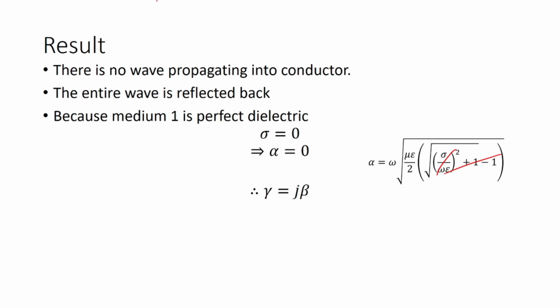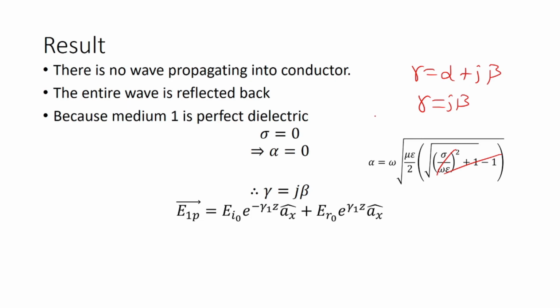And gamma equals alpha plus j beta. If alpha equals 0, then gamma equals j beta. So from the phasor of the electric field intensity in medium 1, which is Ei naught exponential of minus gamma 1 z ax cap plus Er naught exponential of gamma 1 z ax cap, I can write this as Ei naught exponential of minus gamma 1 z ax cap minus Ei naught exponential of gamma 1 z ax cap.